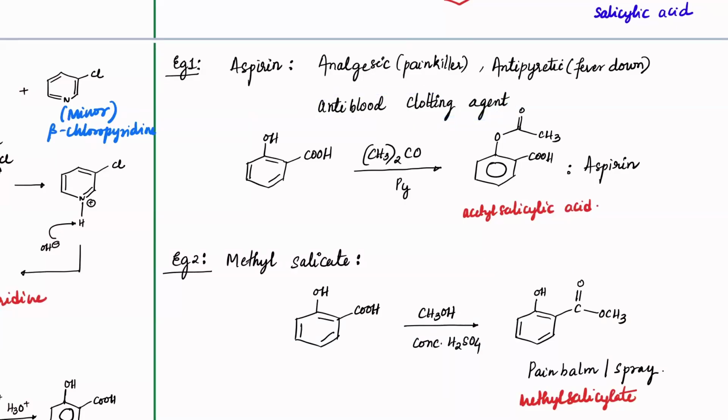declotting the blood here. So next, if you see phenol and COOH are present here on a salicylic acid, then this OH will attack on the acetate group. Okay, sorry, anhydride form here. So I wrote this wrong. Let me rewrite this part.